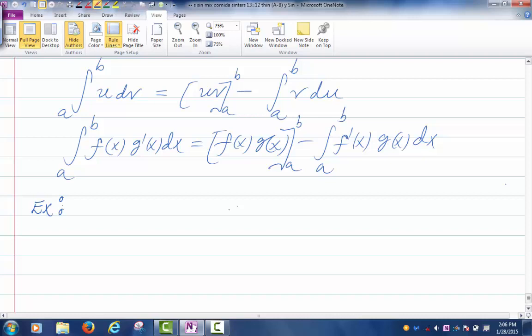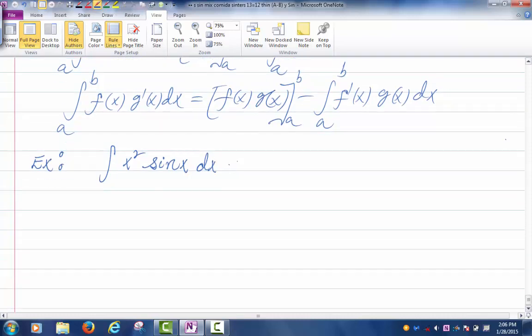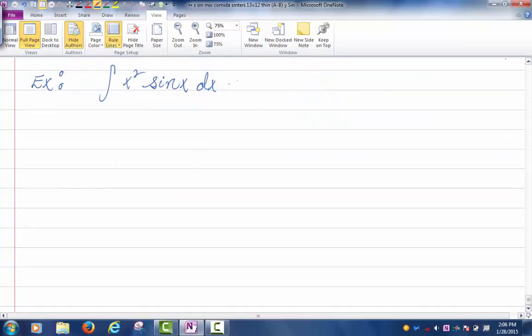First, let's say I have the integral of x squared times sine x dx. Okay, so what should I pick for u? If the integrand is the product of a polynomial and the trig function, usually you want to pick u to be the polynomial.